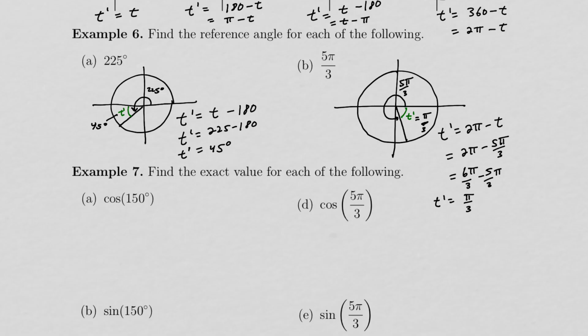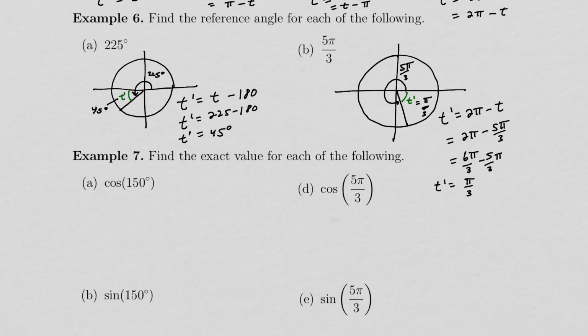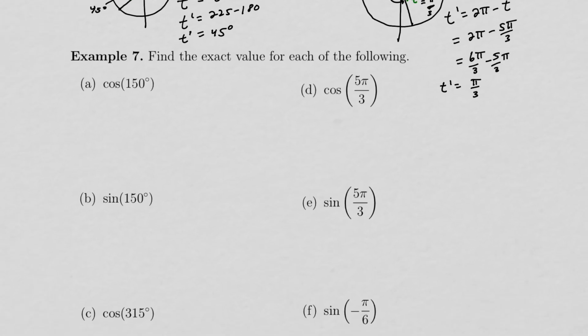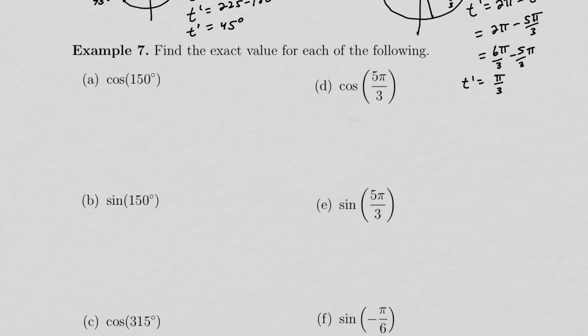All right, so this will make more sense with some examples. Let's say I want to find the cosine of 150 degrees. First of all, what is the reference angle?